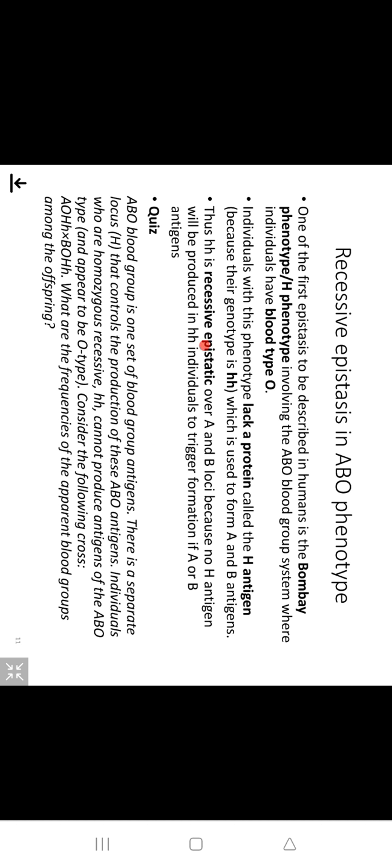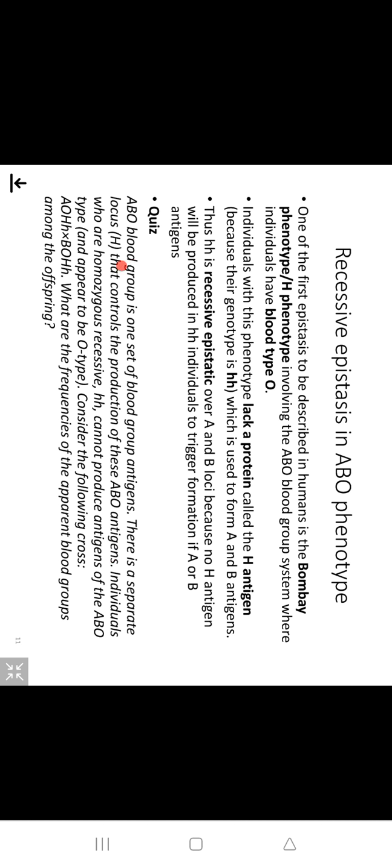So this is an example of a recessive epistatic gene, hh, because it masks the production of A and B. When it is in its recessive homozygous state, the individuals will still be O. They'll never be AB, even if the other locus says this should be AB, or this should be O, or this one should be B. I hope you have understood.